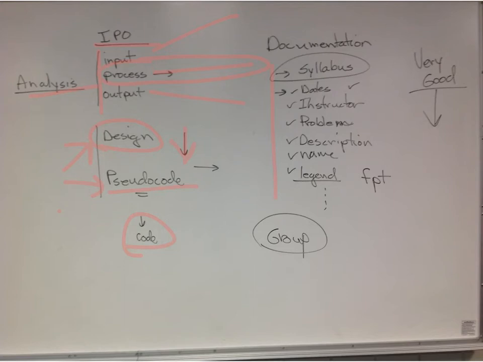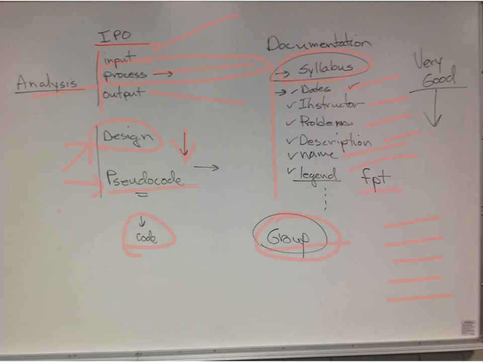Documentation, we reviewed that. We talked about how important it is in your groups to evaluate the group work. All the assignments are done individually, and then you evaluate those in your group. The syllabus has information on what you should have in there: the dates, who the instructor is, the assignment problem, a description of what you're trying to solve, your name, and a legend if needed.